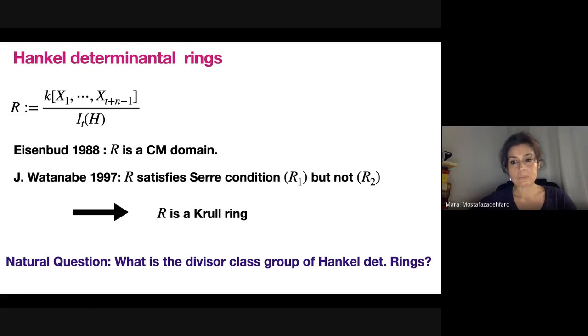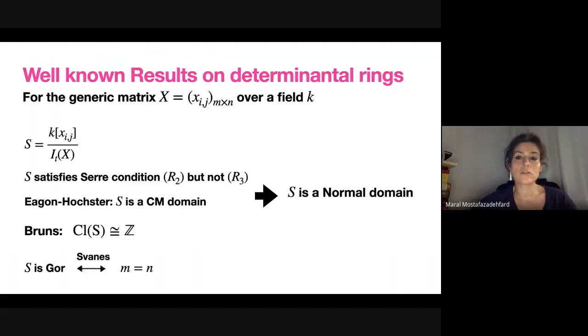And actually, the divisor class group of other kinds of determinantal rings was established before. For example, consider the determinantal rings coming from generic matrices, where we have all indeterminate xij's, and consider the ring S as the quotient of the polynomial ring over all the t-sized minors of the generic matrix.